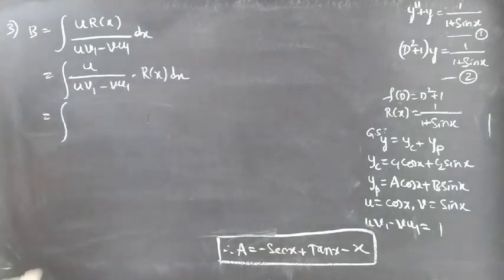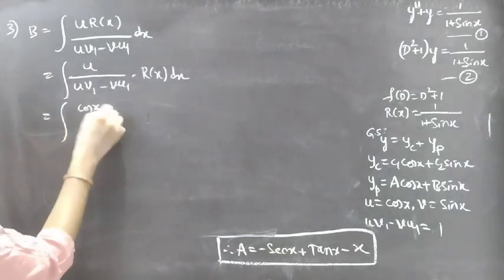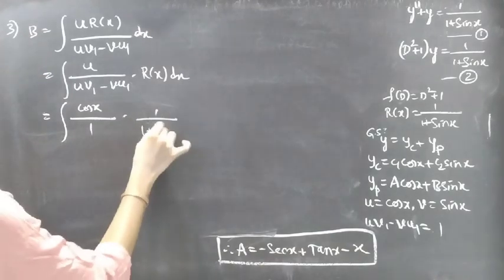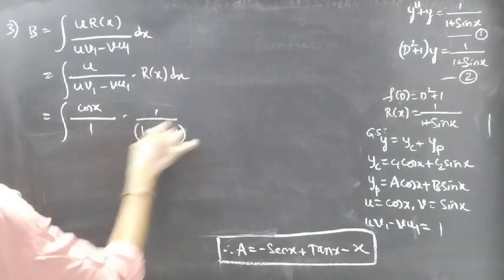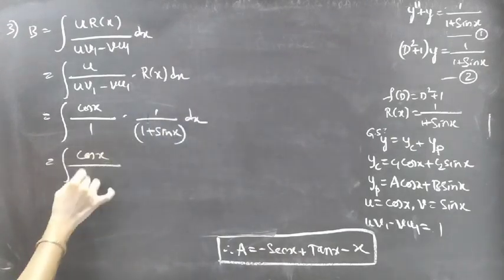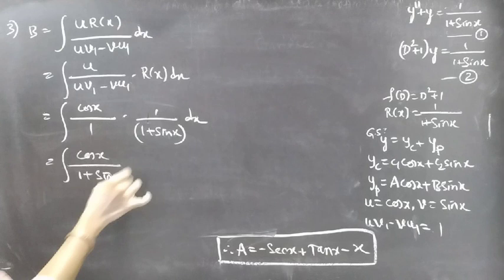This equals u is cos x by u v1 minus v1, which is 1, into r of x is 1 by 1 plus sin x. This gives us integral cos x by 1 plus sin x into dx.